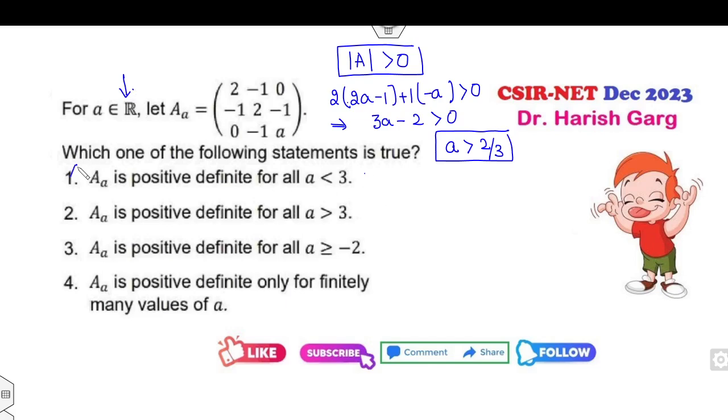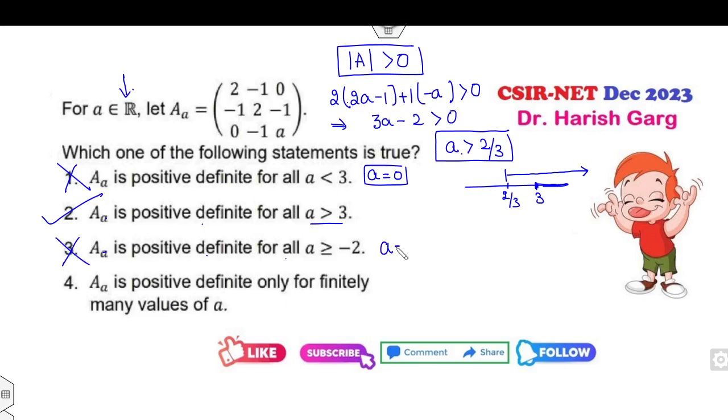That's wrong. Why? Because if you choose a equal to 0, it is not satisfied. A is positive definite for all a greater than 3. That's true, because 2 by 3 is positive definite for all those values, and for greater than 3 it is also satisfied. A is positive definite for all a greater than minus 2.